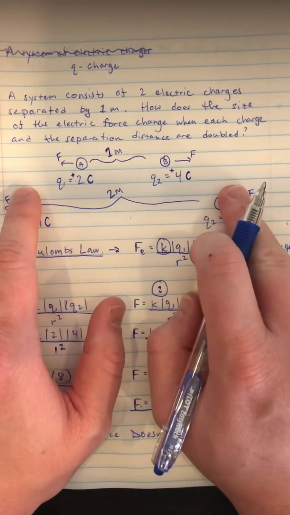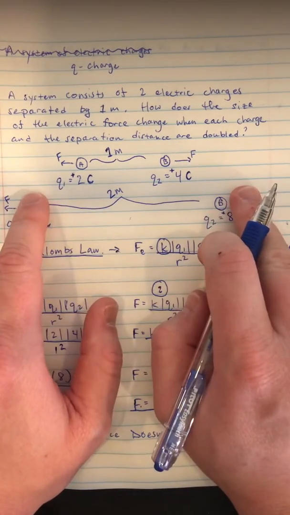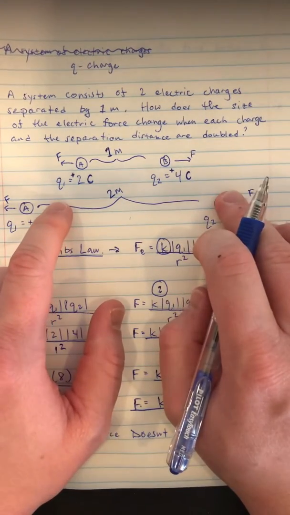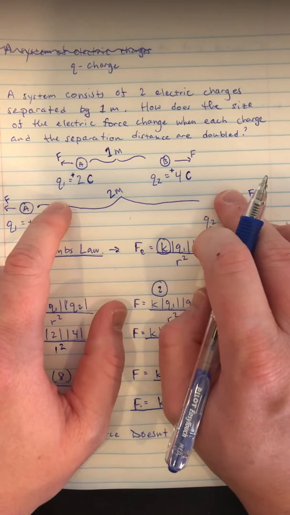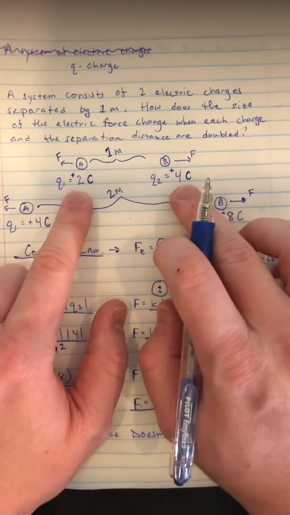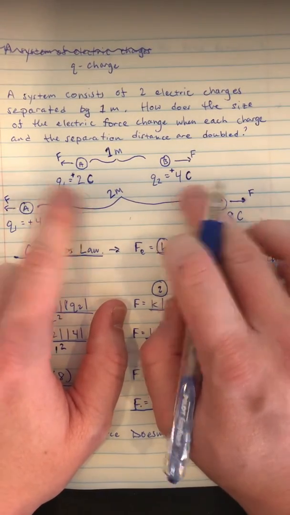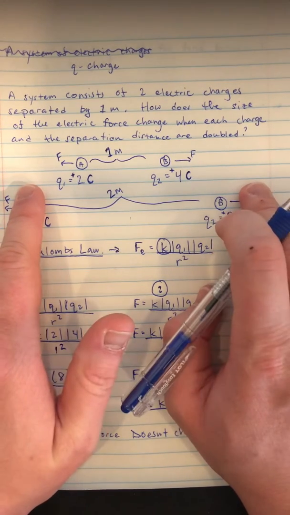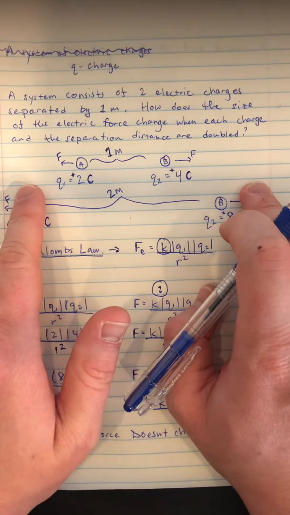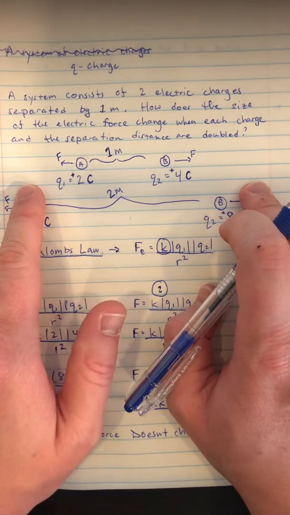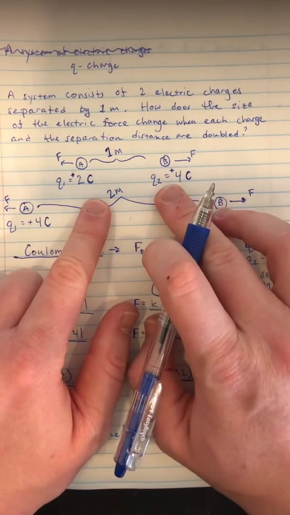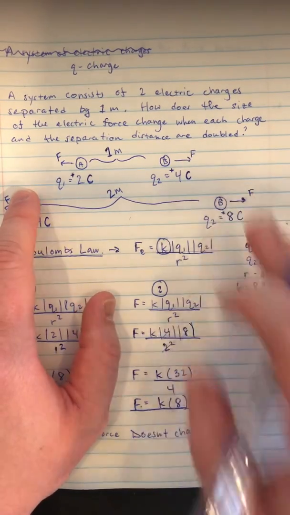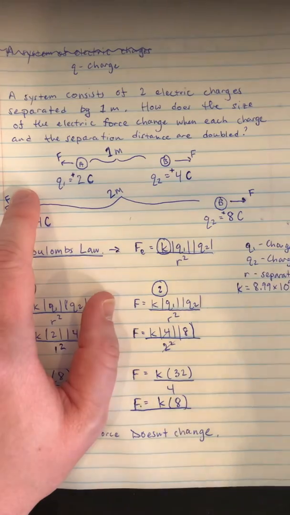If we spread them out, we move them farther away, the force is going to get weaker. So changing the charges makes the force stronger. Moving them farther apart makes it weaker. And doubling everything just happens to have zero effect. The effect of making the charges bigger cancels out with spreading them farther apart, and we get no overall impact. It just stays the same.